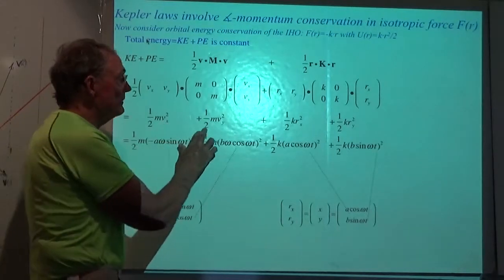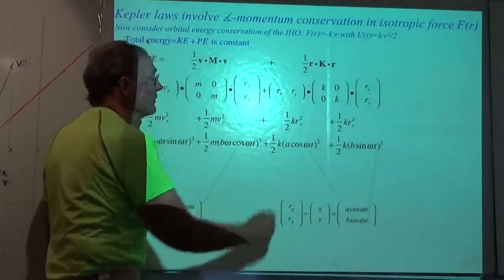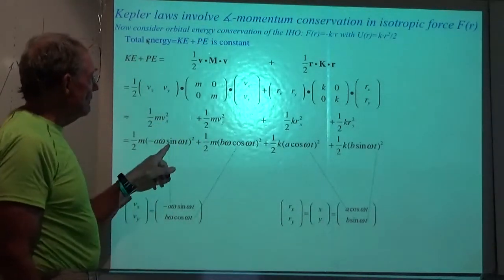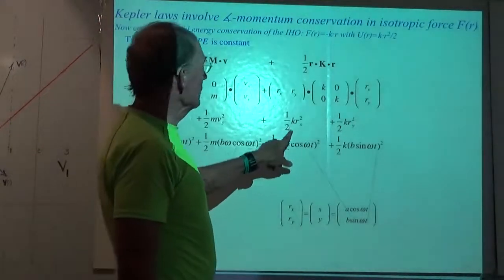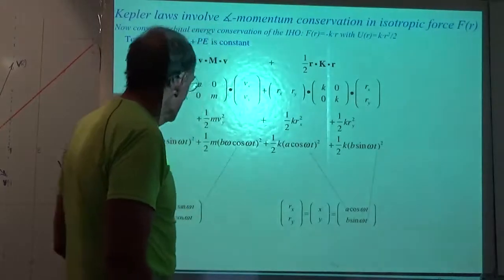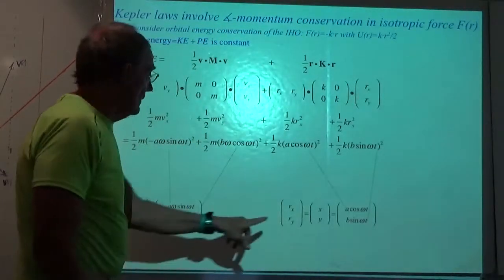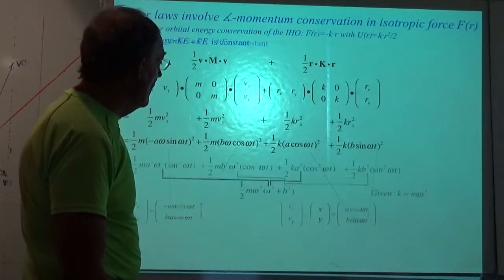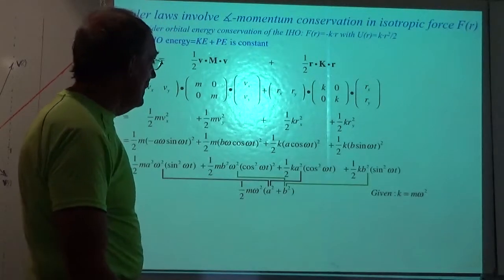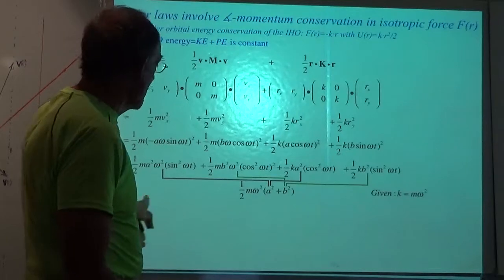The basic thing that we have is this, and we put in our values for velocity, squared x and y, and our position, squared x and y. That's from these things that we just did in the calculus discussion of the phasors, and that adds up to a constant.